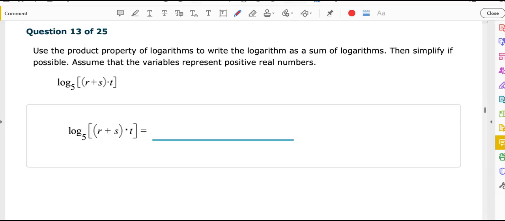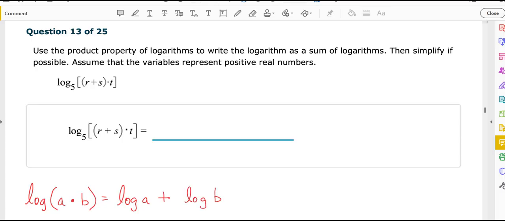Number 13, use the product property of logarithms to write the logarithm as the sum of logarithms. Then simplify if possible. Assume the variables represent positive real numbers. Okay, I'm going to remind you that the log of a times b can be written as log a plus log b.